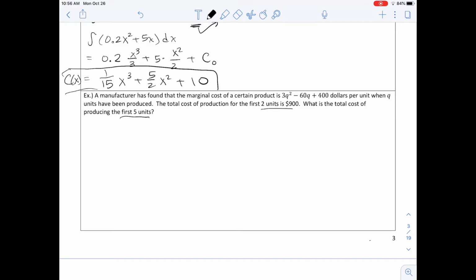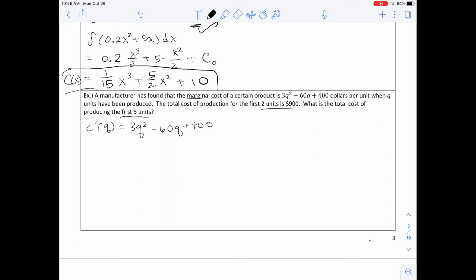So again, we are given a marginal cost function, which is listed there, 3q squared minus 60q plus $400. And so this was going to be our prime. I'm going to go ahead and call this C prime of q, since q is my variable. And this is 3q squared minus 60q plus 400.